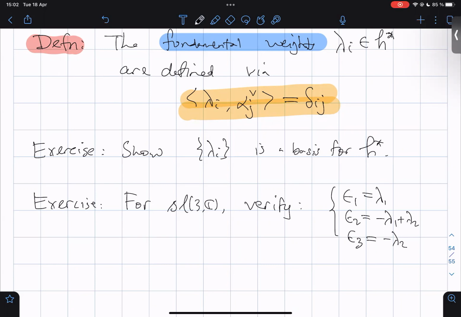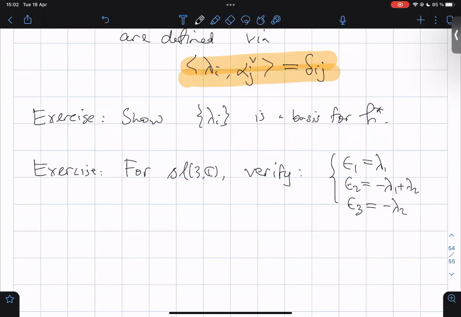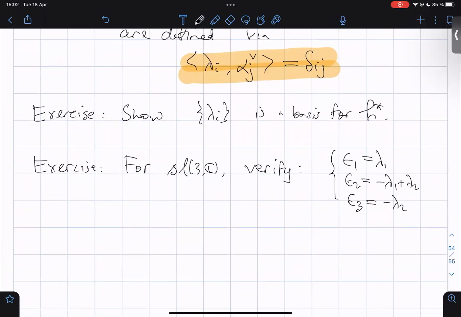So the first thing we need to know how to do is convert between them. So what's the change of basis? Because we are actually going to be using both of them for various reasons. Let's call this the alpha basis, and let's call this the lambda basis.